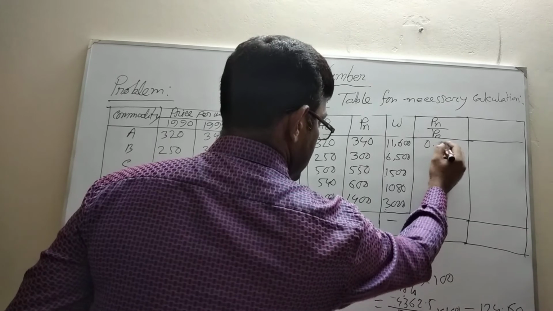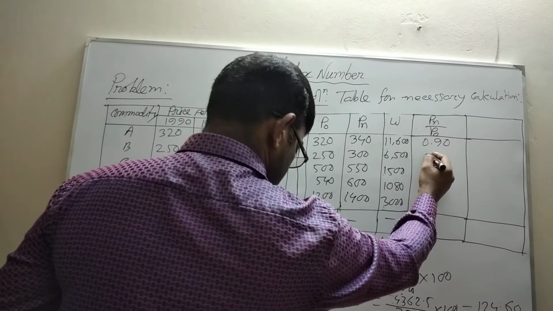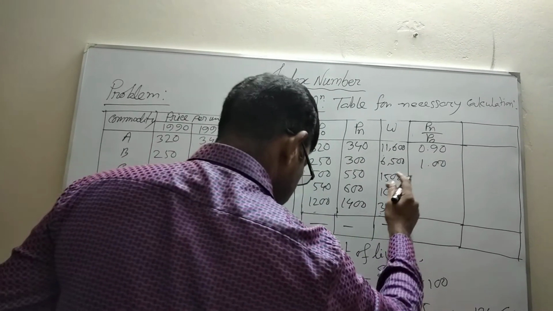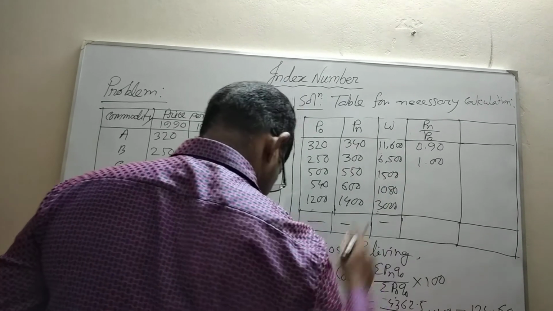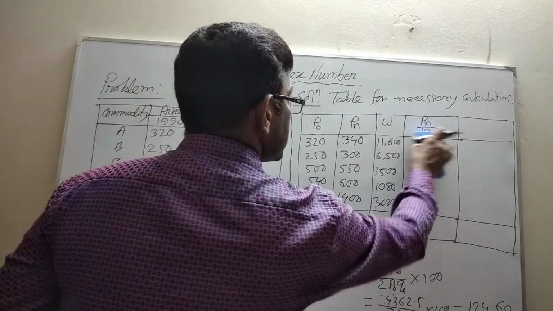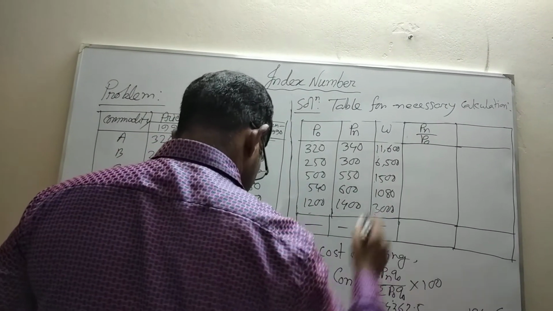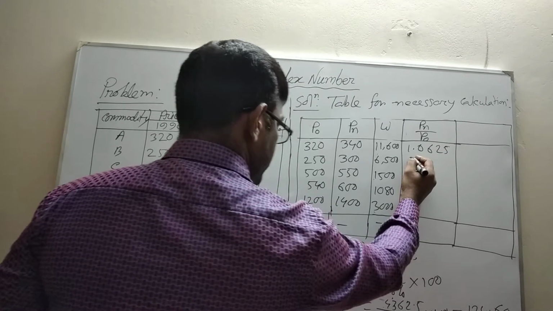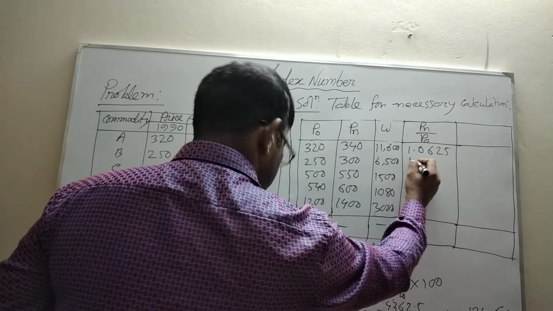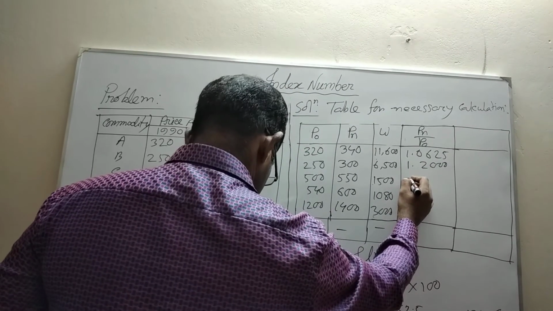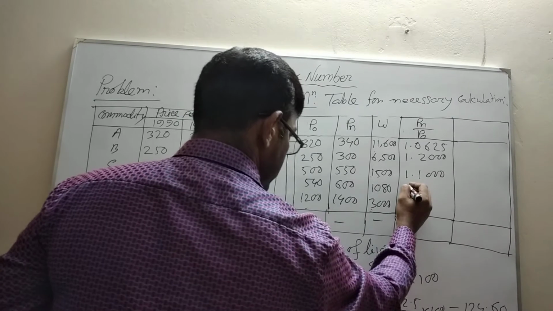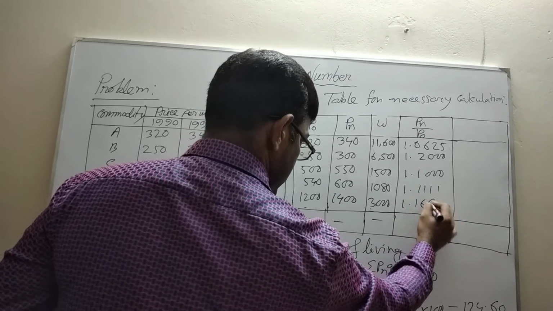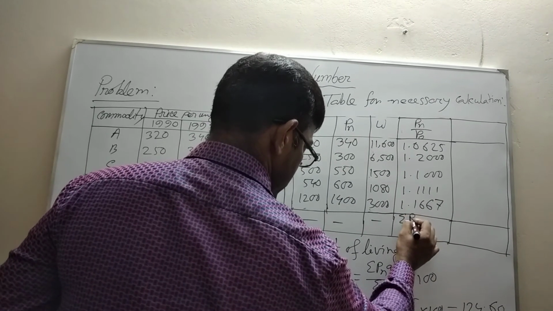This value is 1.0625. Serially, we can write 1.2000, 1.1000, 1.111 and 1.1667.